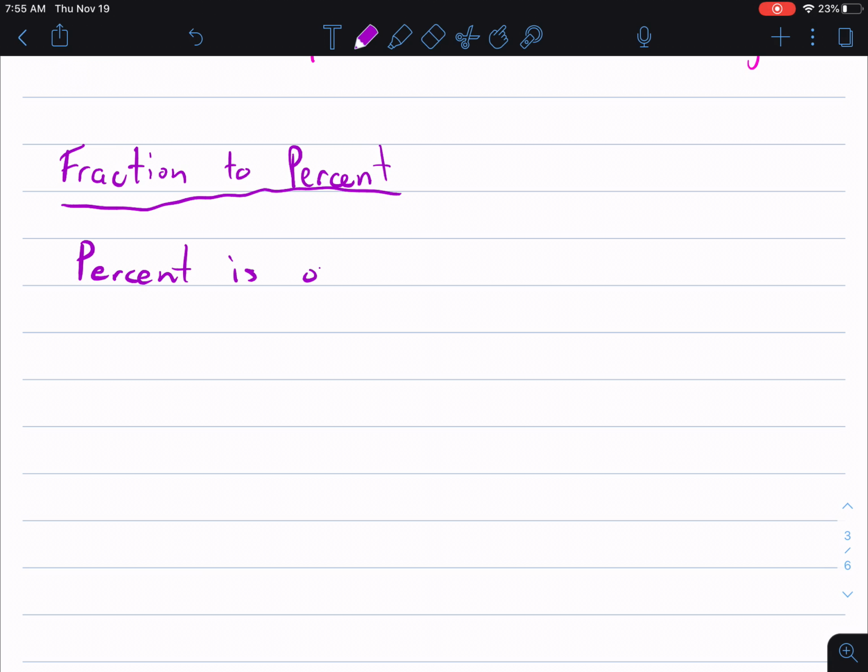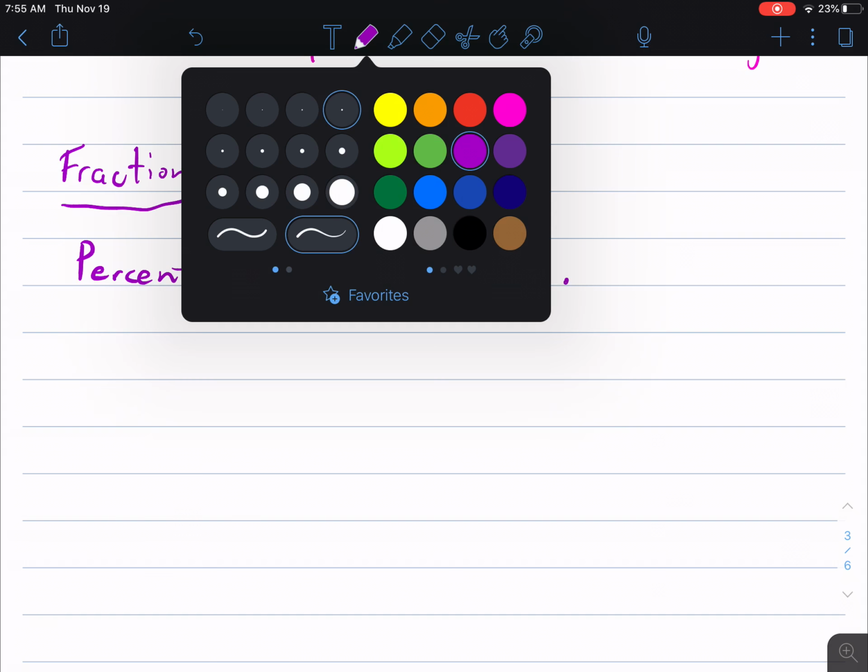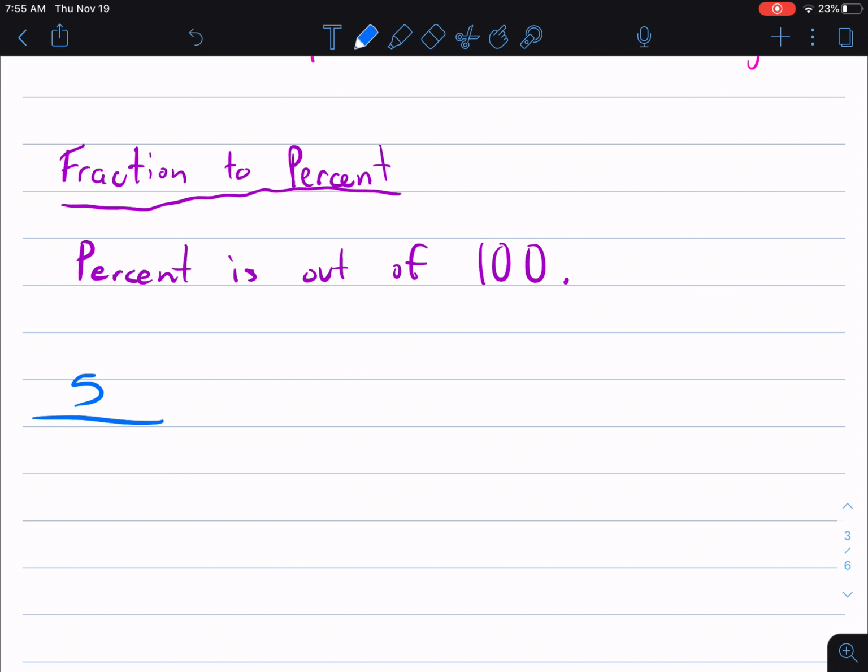Percent is out of 100. El porcentaje, percent, siempre es de 100. 100 es el total. So if I have a fraction, si tengo una fracción, 5 over 100, what is my percent? ¿Cuál es mi porcentaje? 5%. Porque ya tengo 100 abajo. I already have 100, so it's 5%.